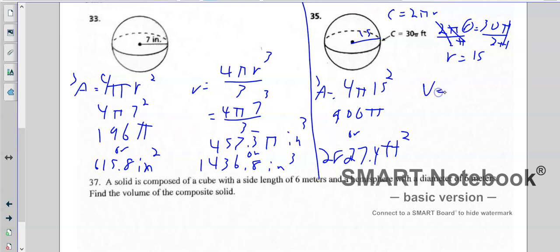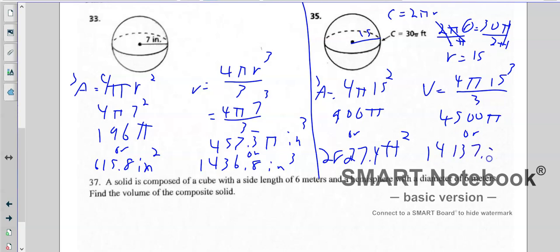Volume, another simple calculation, 4 pi, 15 cubed this time, and then divide by 3. When you crunch those numbers, 15 times 15 times 15 times 4 divided by 3, we end up with 4,500 pi, or if we multiply it out, 14,137.2, and again, this would be feet cubed for this volume.